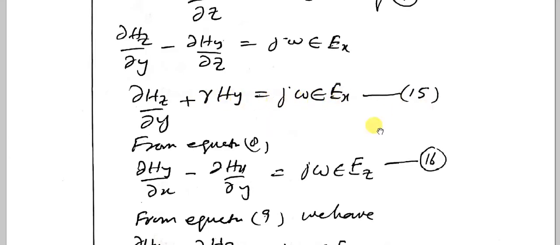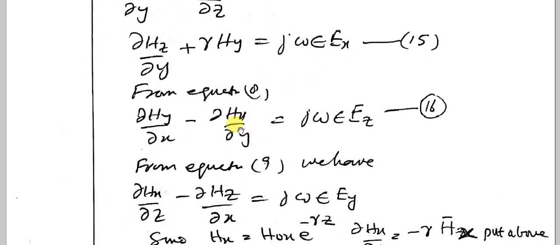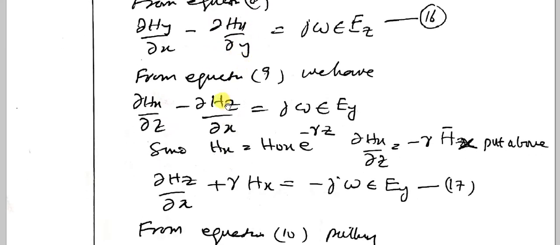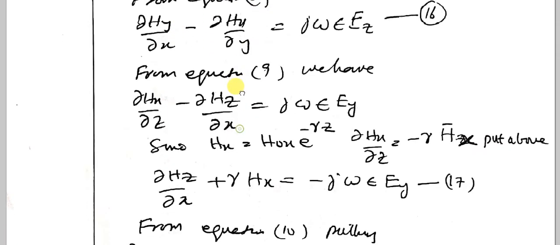Now from equation 8, similarly, we put the value. This was equation 8. Now from equation 9 we have delta Hx by delta z minus delta Hz by delta x equal to j omega epsilon Ey.